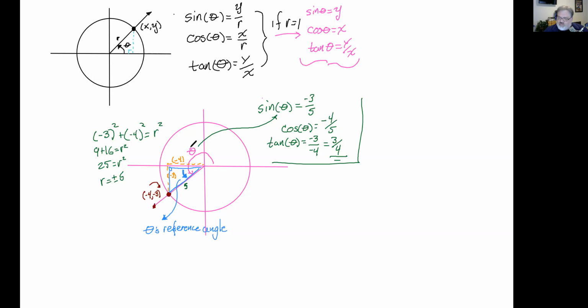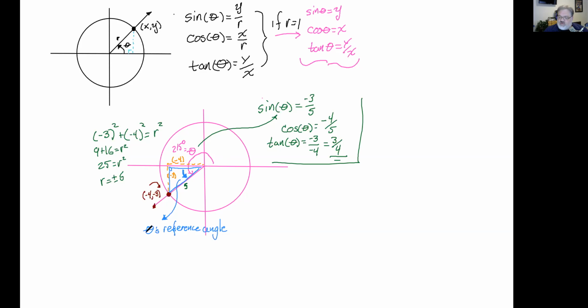So for sake of argument, if theta was, let's say, 215 degrees, well, then that reference angle would be the 180 subtracted from the 215. So that would be 35.